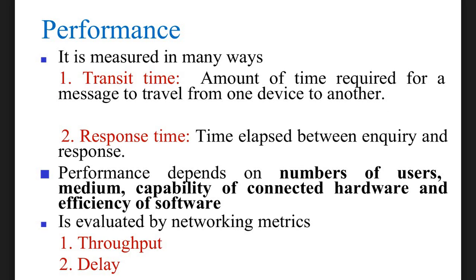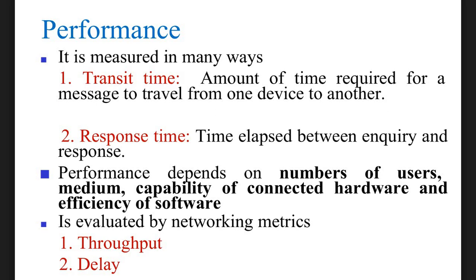So when someone is requesting, after the request is taken, the time taken to respond is called response time. Transit time means the traveling time from one device to another. After traveling it should respond, right? That is called response time.